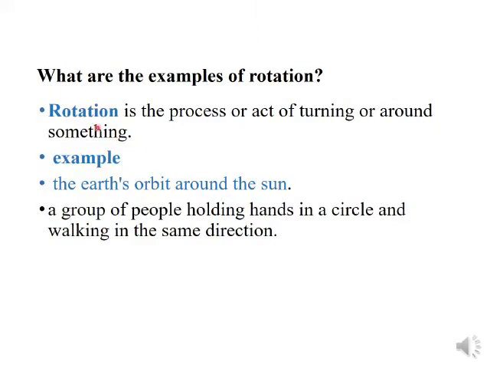So what are the examples of rotation? Basically, rotation is the process or act of turning around something. An example of rotation is the earth orbiting around the sun. Another example of rotation is a group of people holding hands in a circle and walking in the same direction.